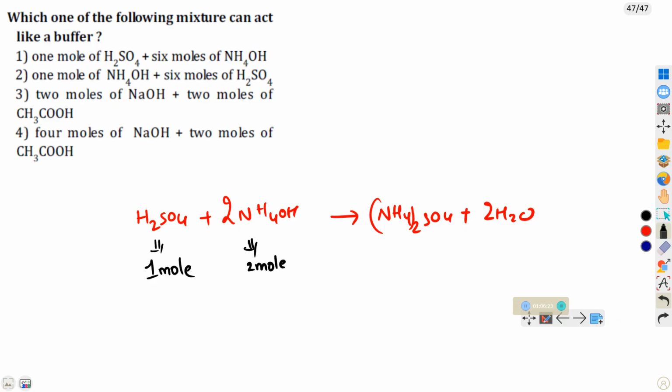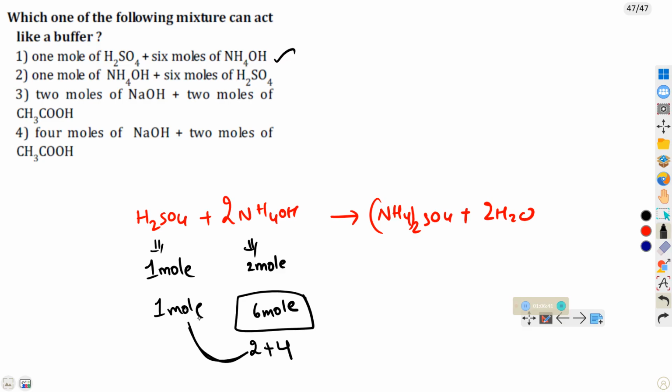But here how many are given? 1 mole of H2SO4, 6 moles of NH4OH. This 6 moles is also written as 2 plus 4 moles. That means 1 mole of acid reacts with 2 moles of base, giving salt. Base is in excess; 4 moles of base is excess.